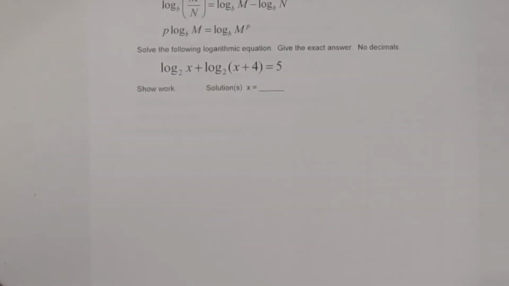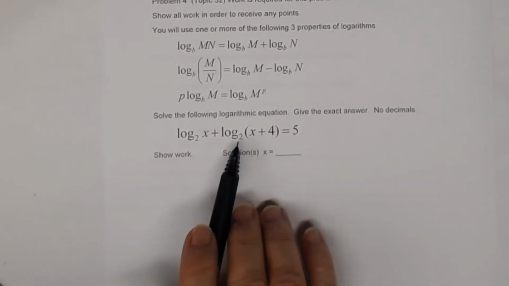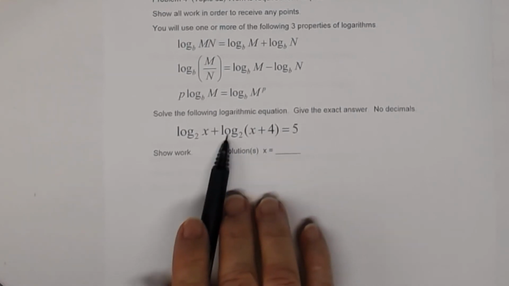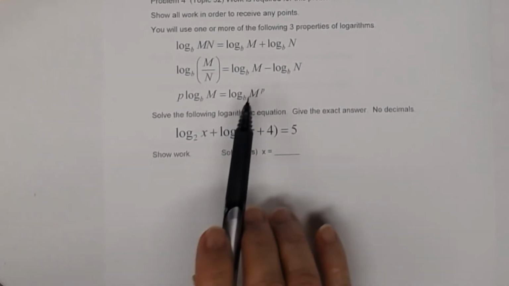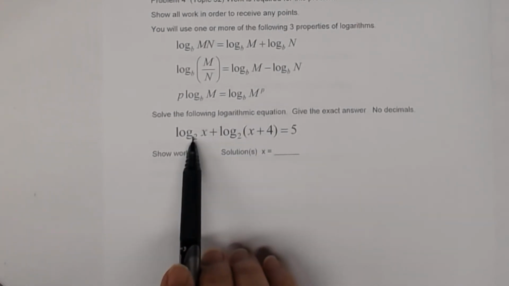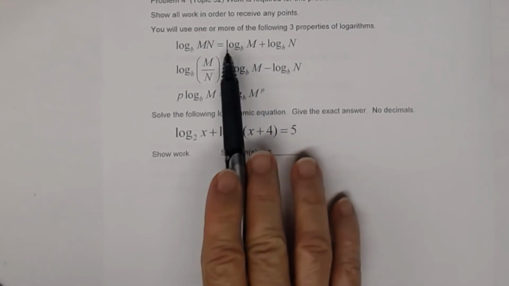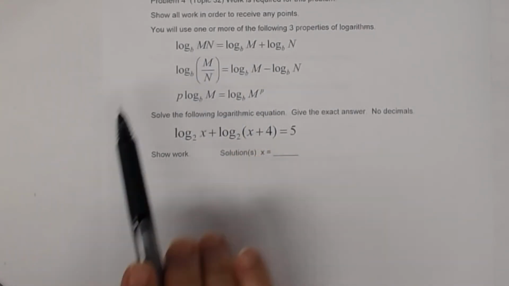Okay, now number 4. So number 4, you want to solve this log equation. So you see you have an equal sign, so you have this log equation. So you're going to find the solutions. And if you notice this is an addition, so you're adding 2 logs. So you're going to condense this into one logarithm.